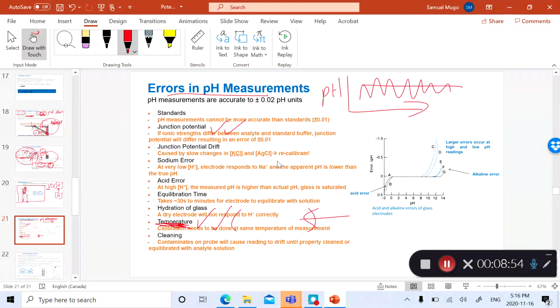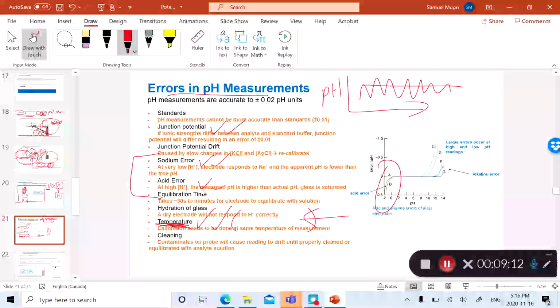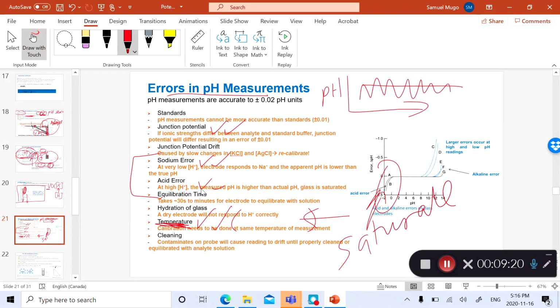Another very common error is the sodium error and the acid error. Now, remember, if you're trying to analyze a very acidic solution, you wouldn't be able to get the voltage being linearly proportional to the pH. And this is because you tend to saturate the glass membrane.